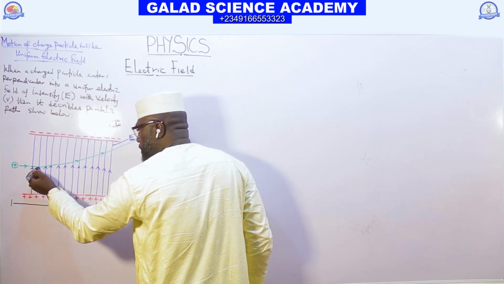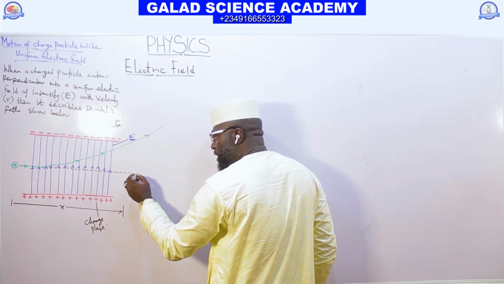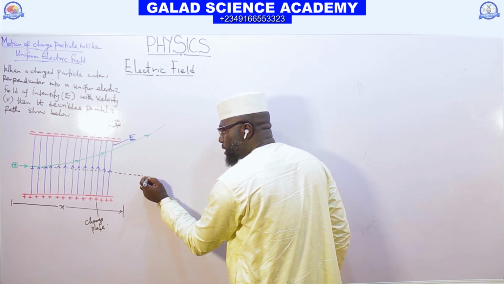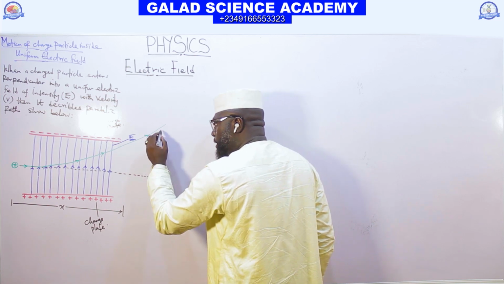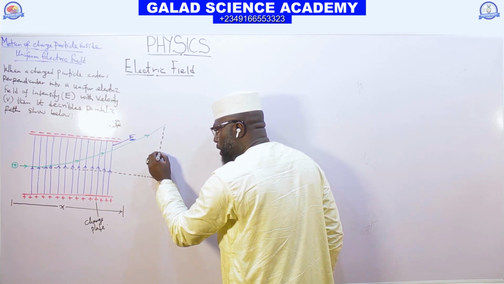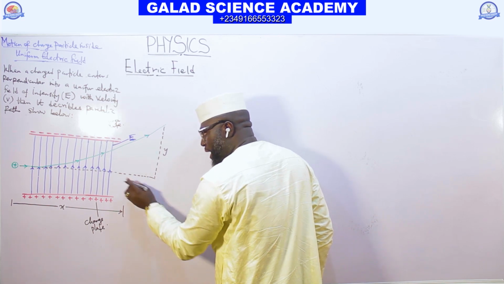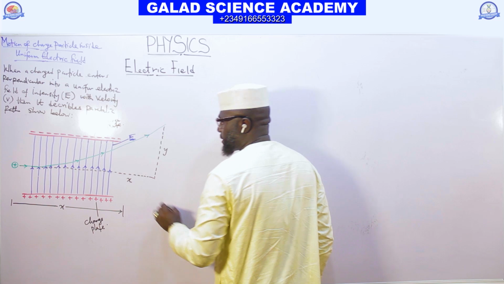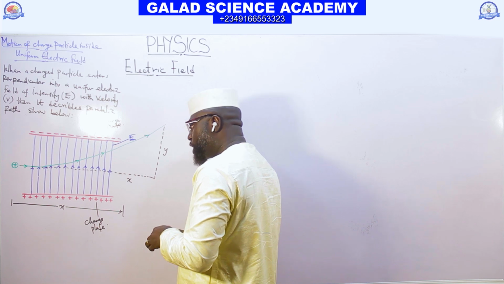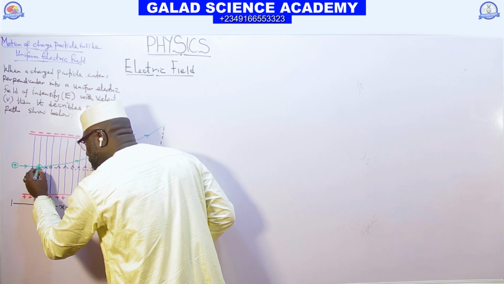So if you trace this line like this, the charge is moving on a straight line like this. And the point of deflection here will be the vertical component. So this place is called Y, and this distance here you call X. So this is the behavior of a charge when it is in the electric field.